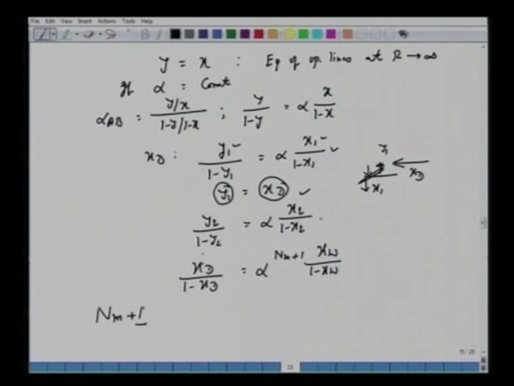So the 1 signifies here the reboiler, which we have at the bottom of the column. So Nm plus 1 is the minimum number of plates at infinite reflux ratio when the relative volatility is constant.